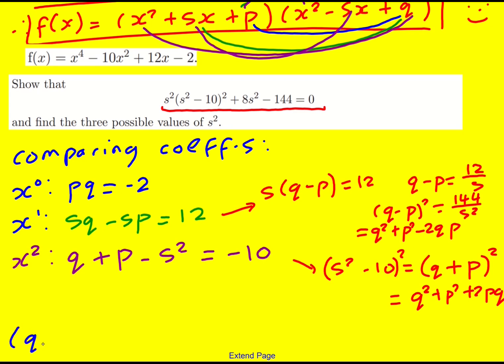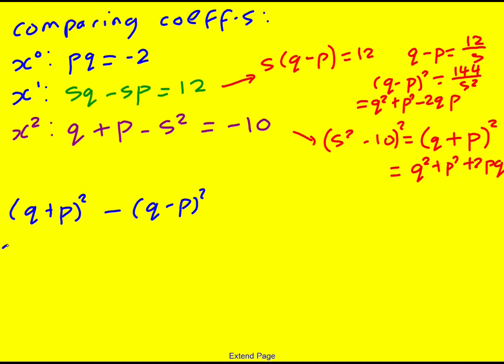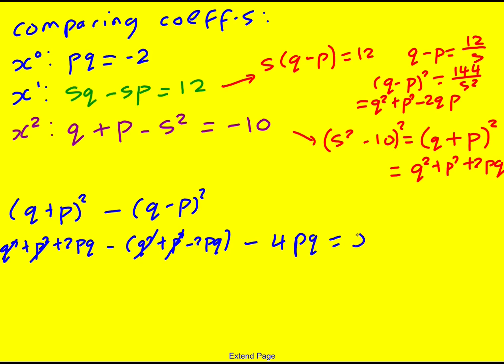If I take (q plus p) squared and minus (q minus p) squared from it, then I'll have q squared plus p squared plus 2pq minus q squared plus p squared minus 2pq. Everything's going to cancel out, except I'll be left with 4pq. So I need to minus 4pq, and then I'll get 0.